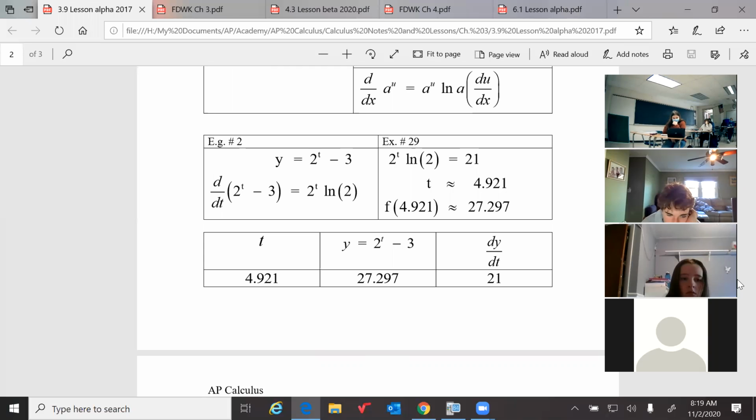So this ordered pair is when the function has a derivative of 21. But again, you're building the table, you're building the chart, so you can make sense of the work that you did, not just writing answers all over the place. Okay? So we're going to pause the video. That's your model. You're going to problem 29.